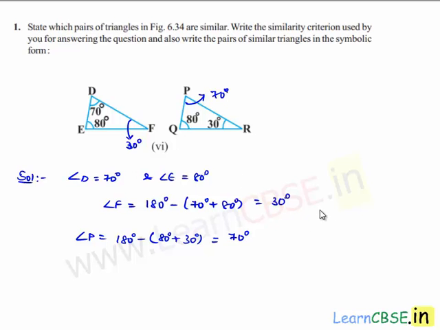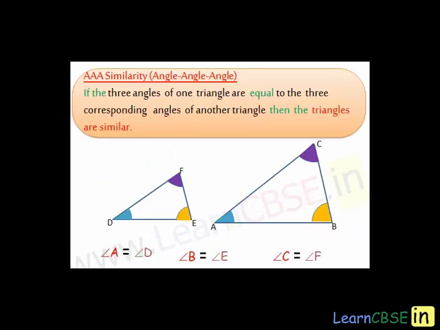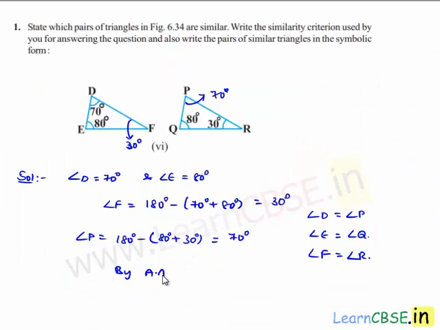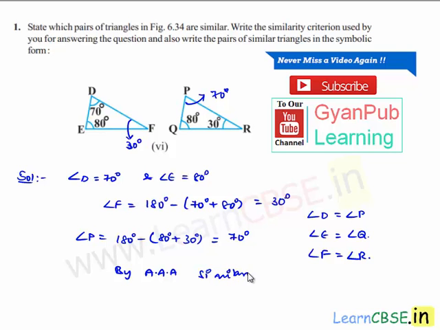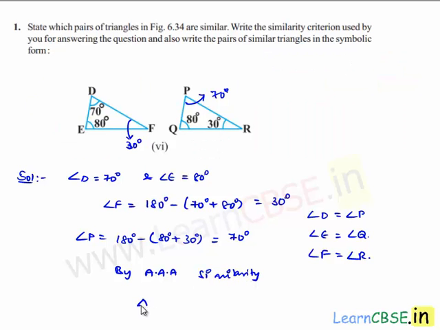In these two triangles, angle D is equal to angle P and angle E is equal to angle Q and angle F is equal to angle R. Therefore, by AA similarity, we can say that triangle DEF is similar to triangle PQR.